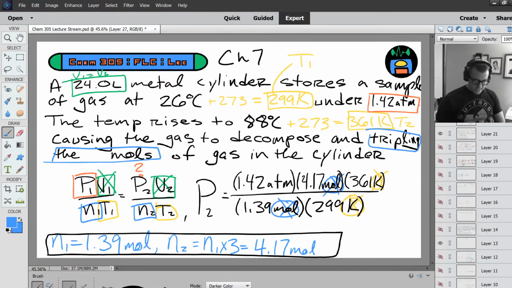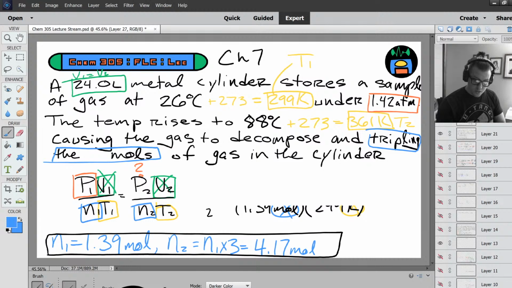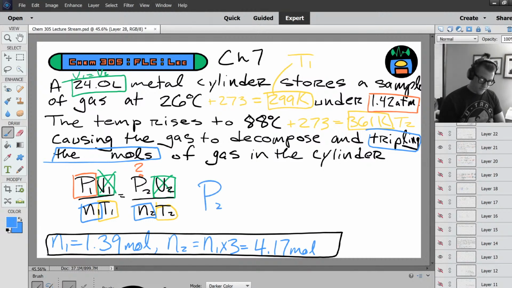All right, and this is 1.42 times 4.17 times 361 divided by 1.39 divided by 299. So our final answer for our final pressure, oh wait, hang on, this shouldn't be in blue.